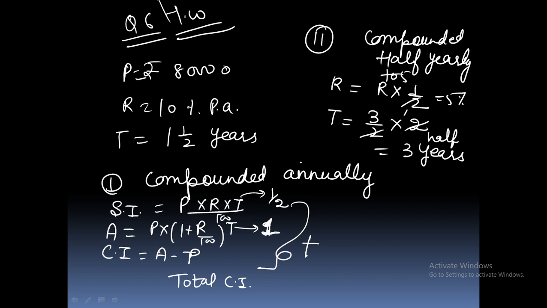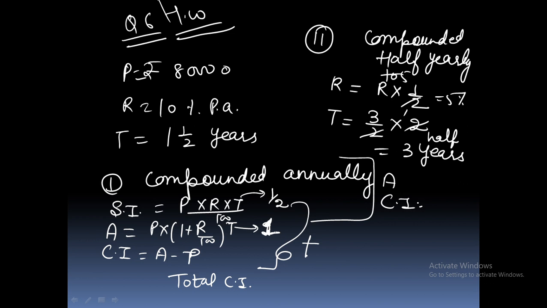Then you have to implement the amount and compound interest formula. And after that you have to take the difference between them.